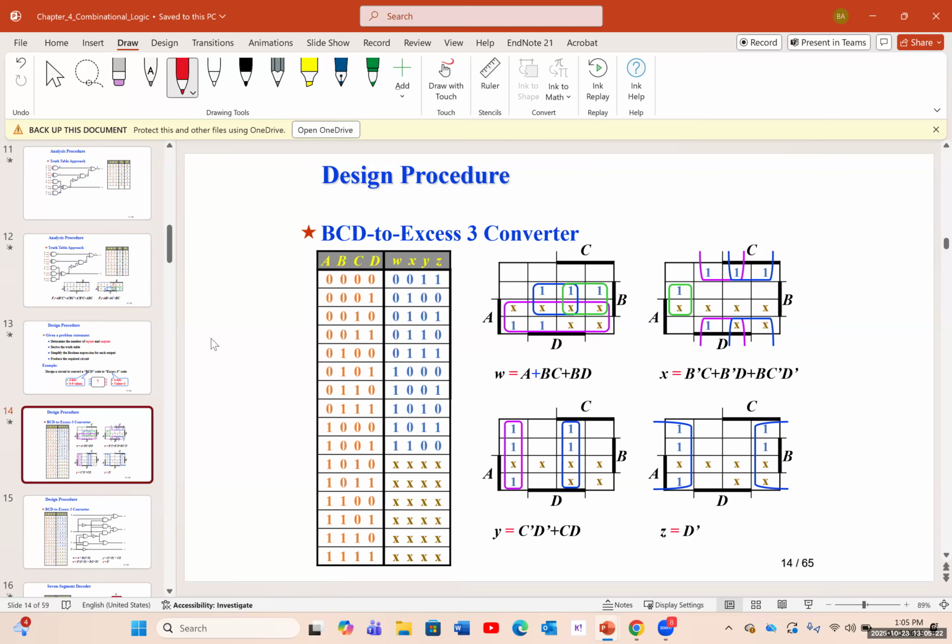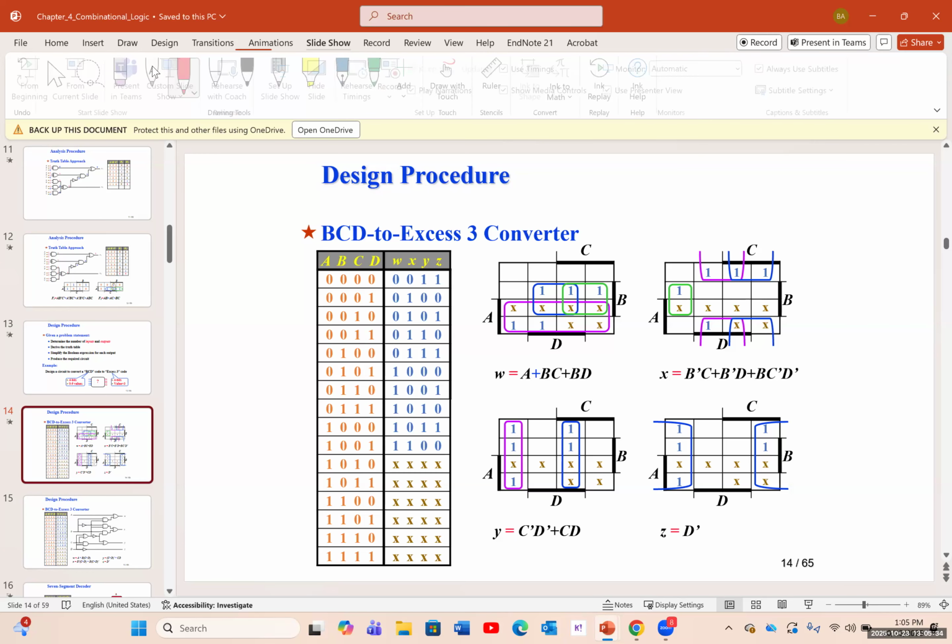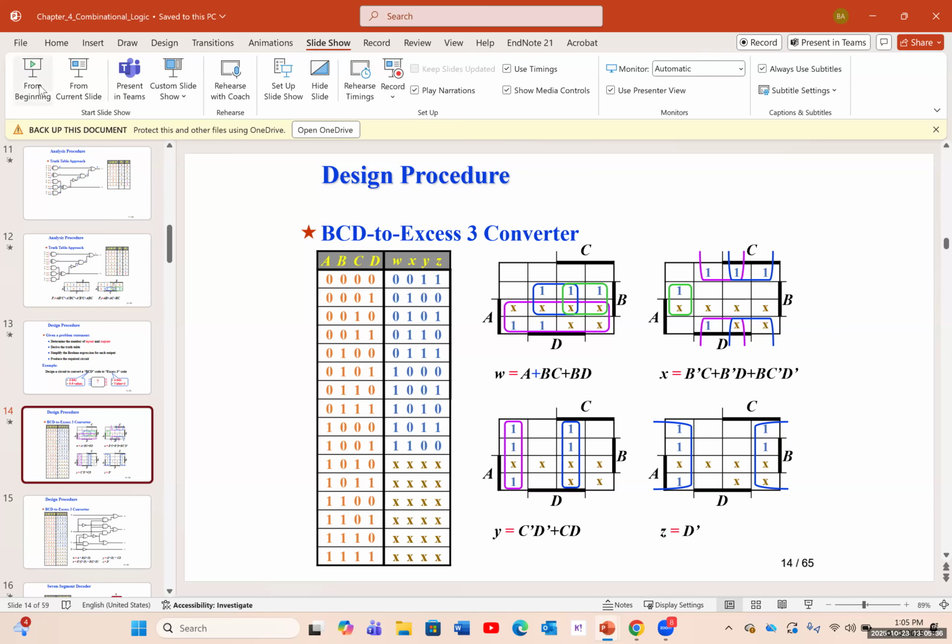And using these equations, these functions, we can design the digital circuitry for this BCD to excess of 3 converter.